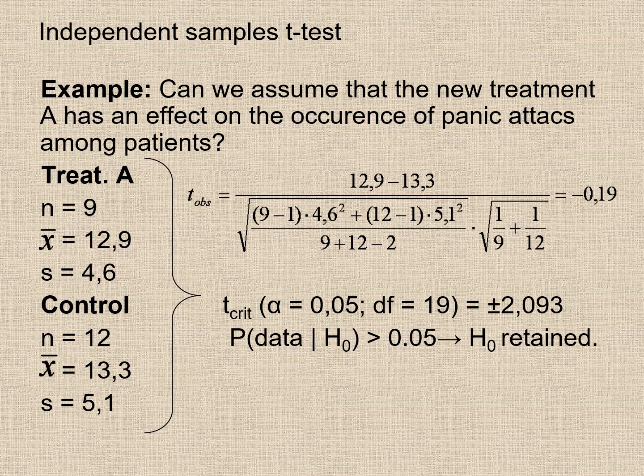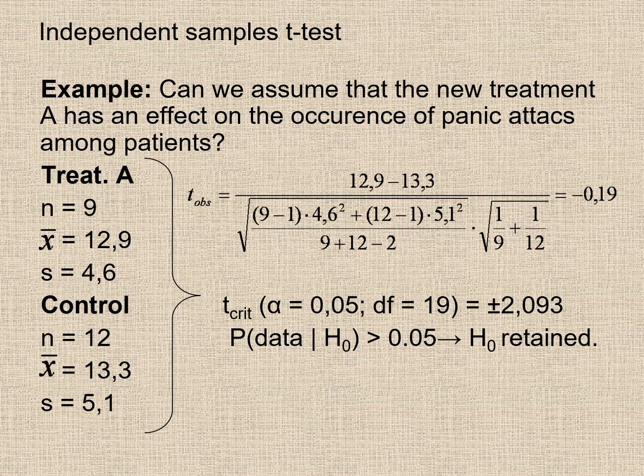Of course, this is a new treatment, so there is actually no huge population of treated patients. These are the only 9 patients that exist. However, we could imagine that we could create such a population by giving this treatment to everybody in the patient population.